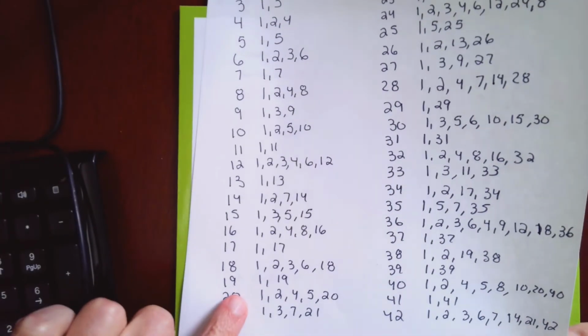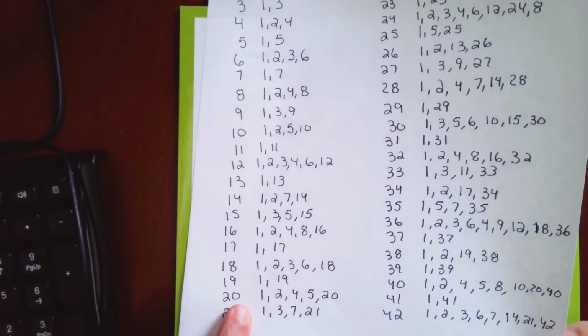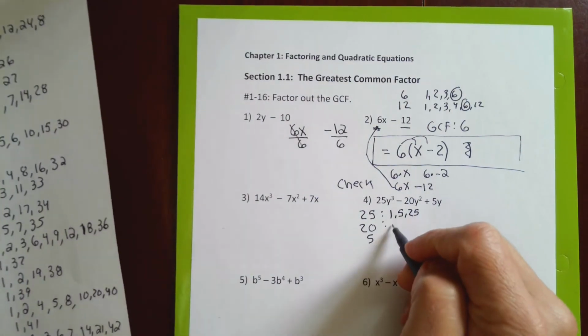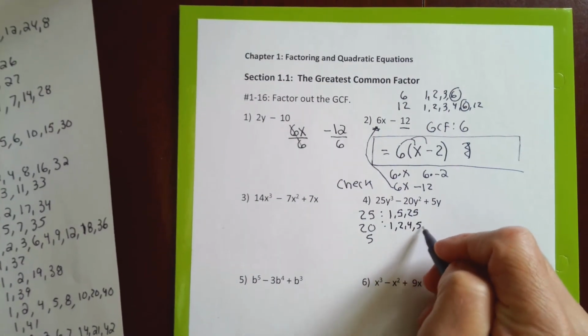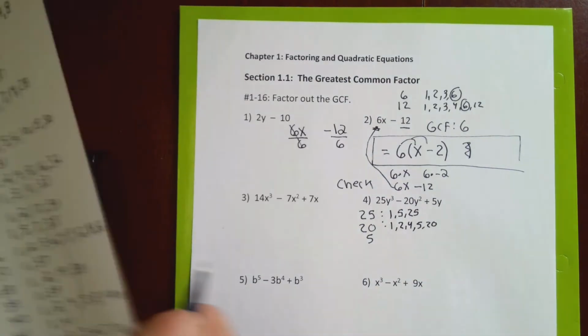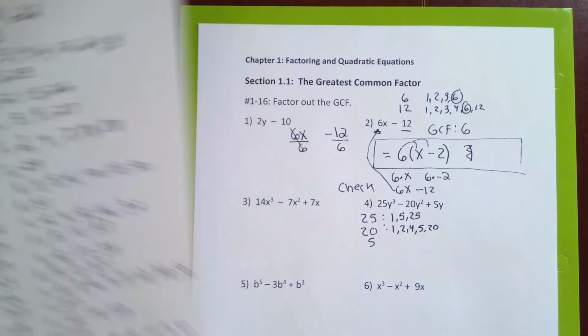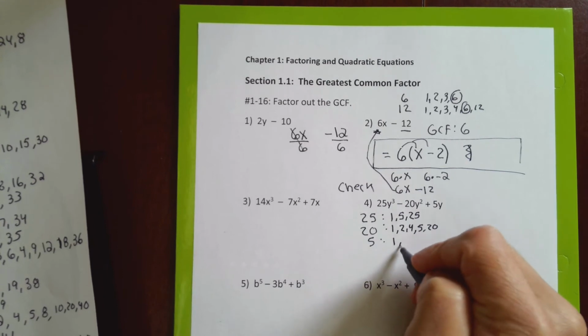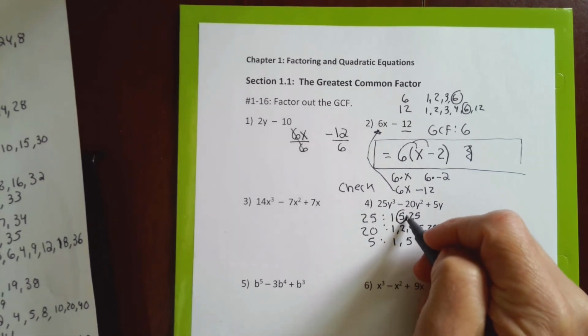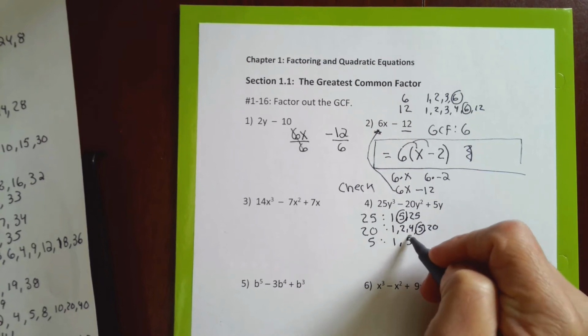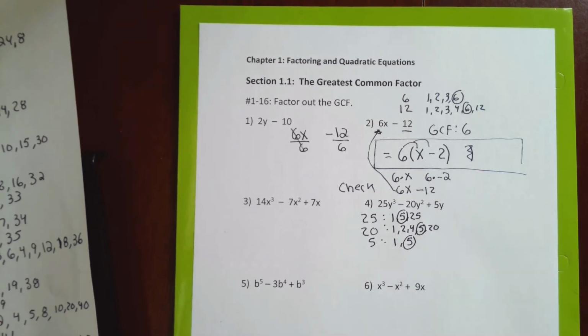The factors of 20 are 1, 2, 4, 5, and 20. And the factors of 5 are just 1 and 5. So the greatest common factor number part is going to be the number 5. It's the biggest factor that they have all in common.